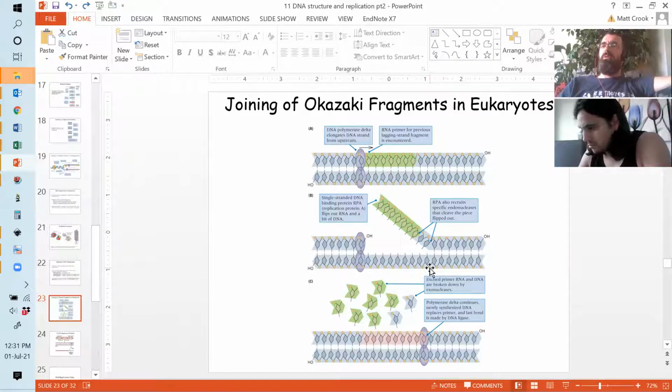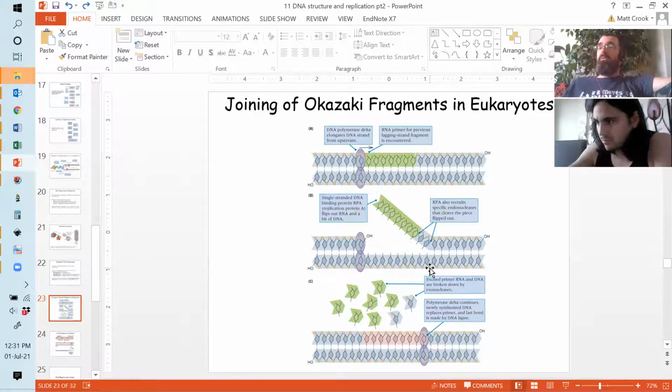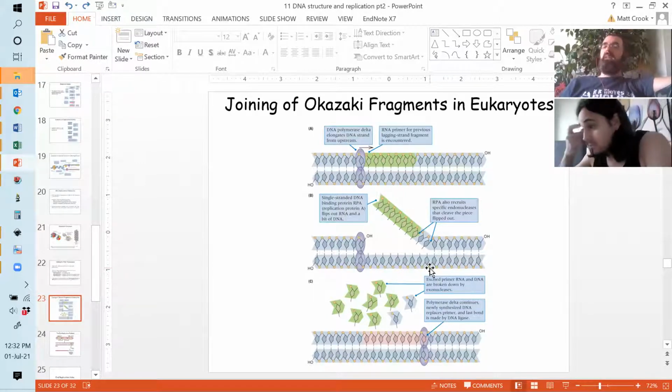It's kind of more equivalent in a sense to mismatch repair, if you think about it that way. And then as soon as that obstacle is removed, DNA polymerase delta starts back up again and continues the synthesis of that strand until it hits the 5' end of the next fragment, the next Okazaki fragment.